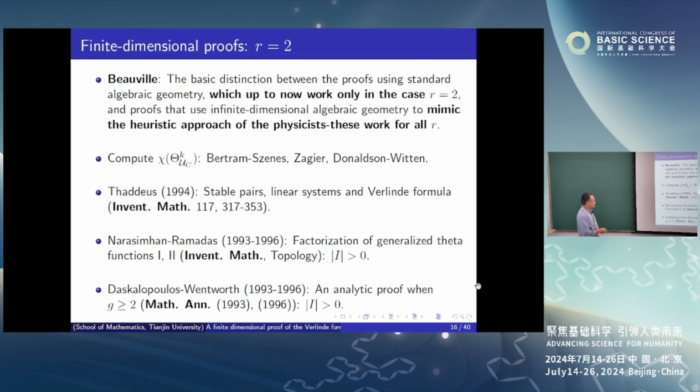And this is another proof, for rank 2. And there is a differential geometry method, but it is only for genus at least 2. You will select when G equals 0. In fact, it's quite complicated also.